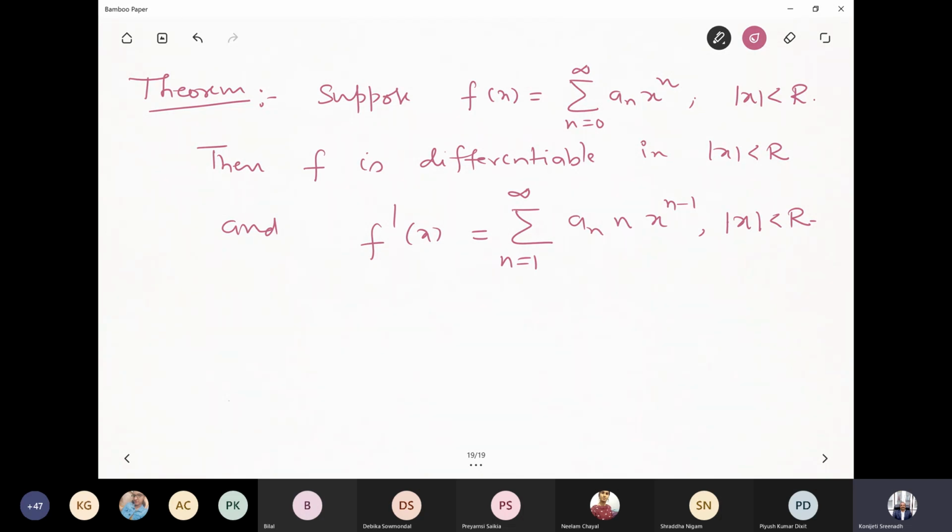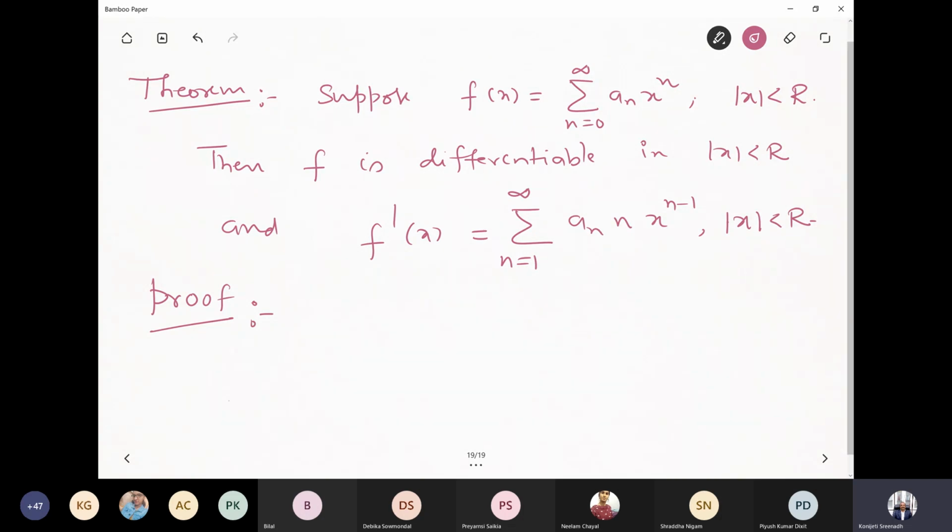So if you assume this conclusion, it's easy to apply, but let us see how a proof of this comes. One can show that the series in f prime has the same radius of convergence as the series in f.